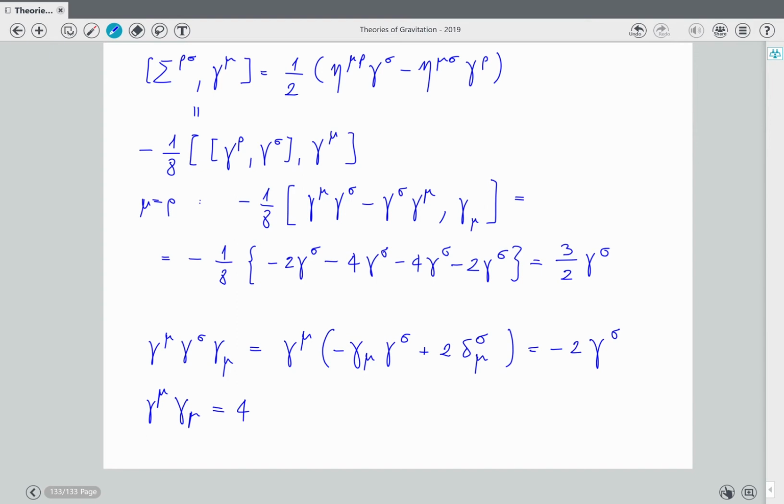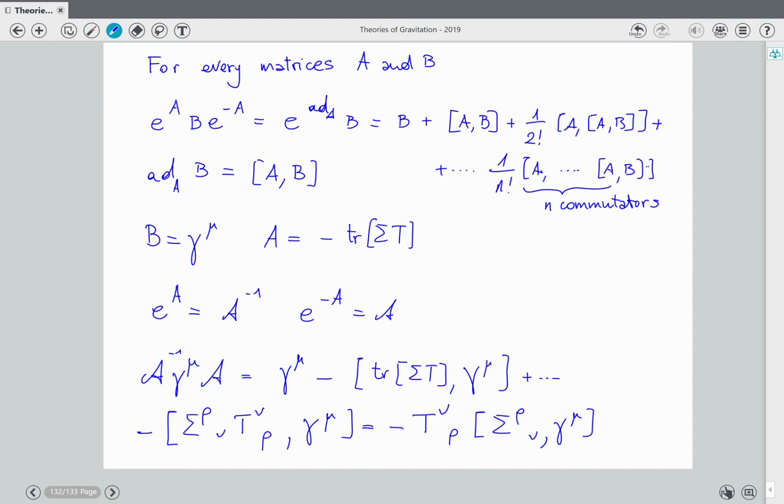On the other hand, it should be equal to that when mu is equal to rho, or you multiply by eta mu rho, you have 1/2 4 minus 1, 3. So that's okay. So let's insert it here and check what you get.